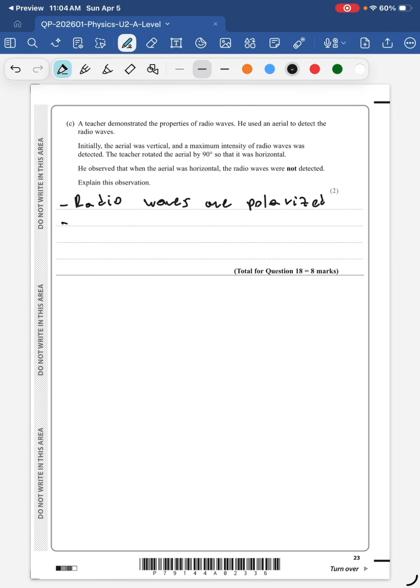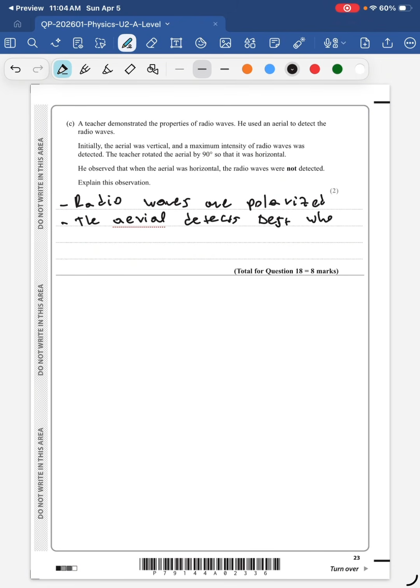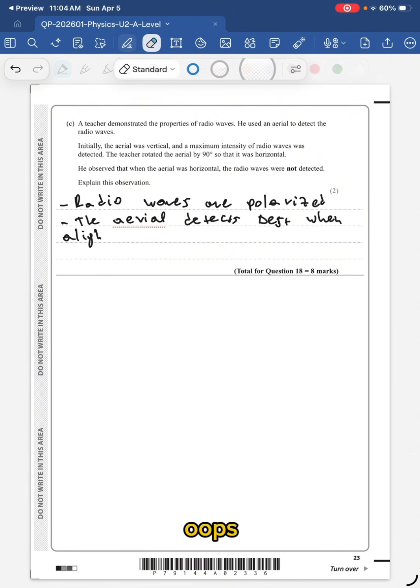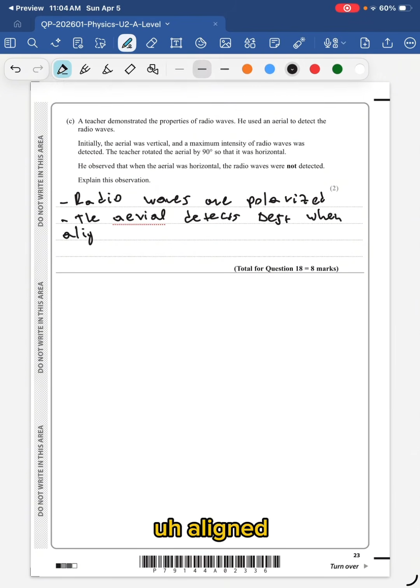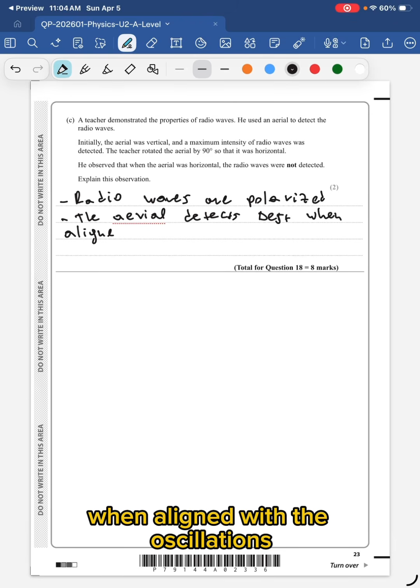Okay. The aerial detects best when aligned with the oscillations.